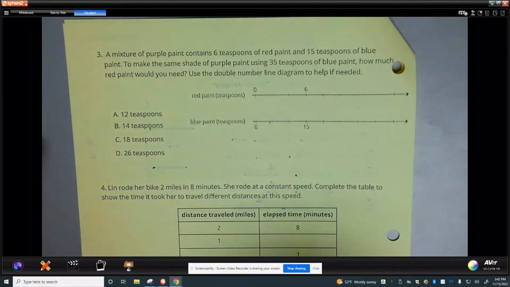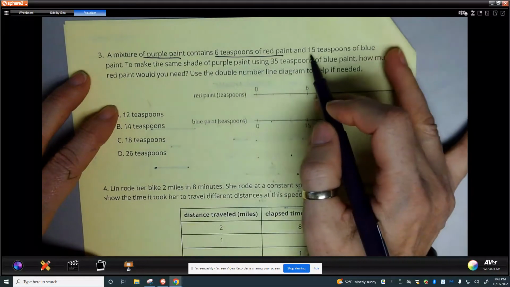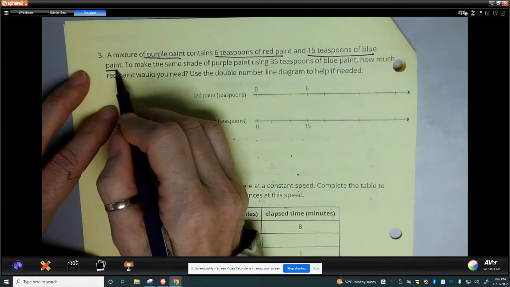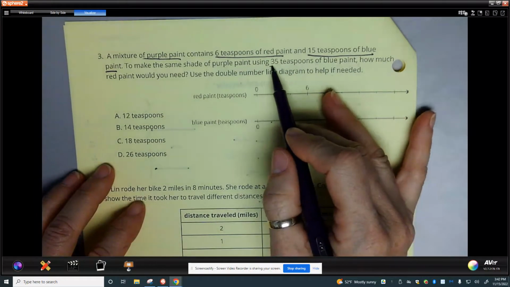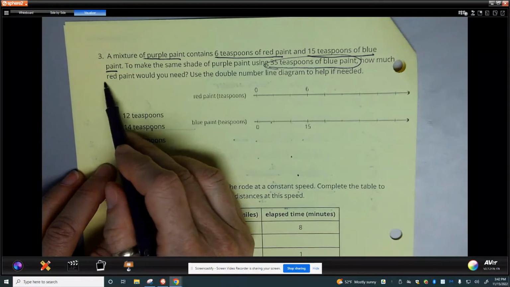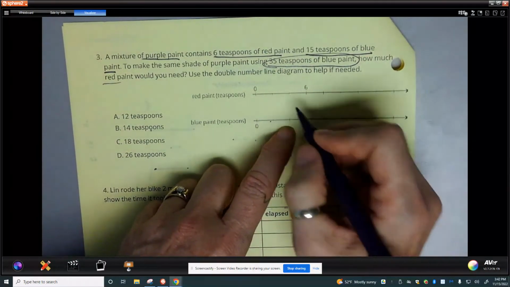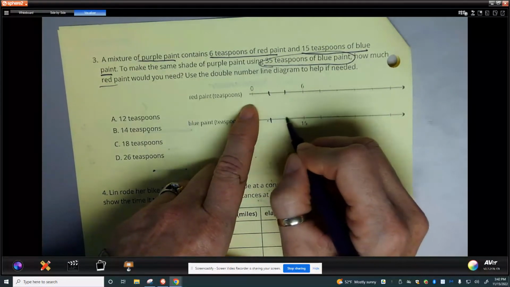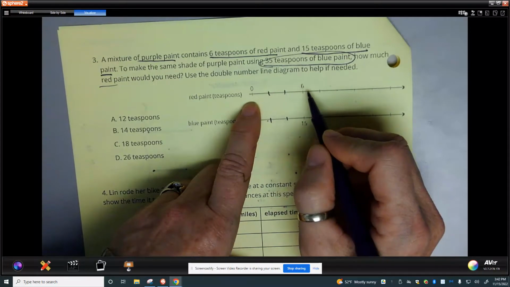Double number line. The mixture of purple paint, 6 teaspoons of red, 15 teaspoons of blue. To make the same shade of purple paint using 35 blue, how much red paint would we need? Use a double number line. All right, I need to figure out what goes on my tick marks. I notice between 0 and 6, there's 3 spaces.